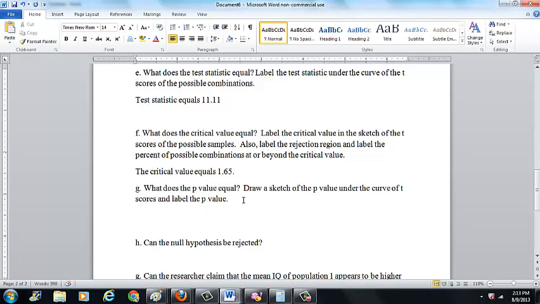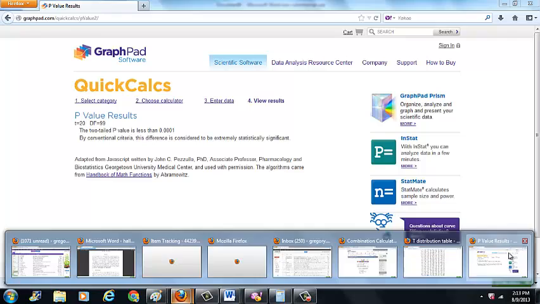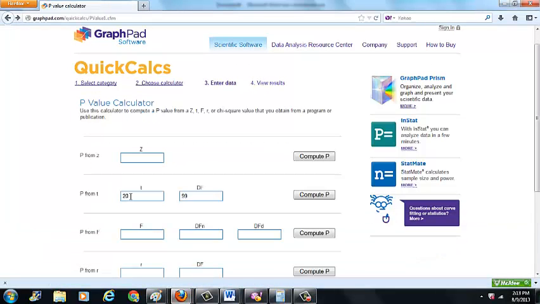We have to go to our p-value calculator. Our test statistic was 11.11 with 198 degrees of freedom.